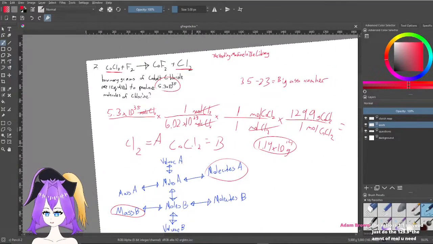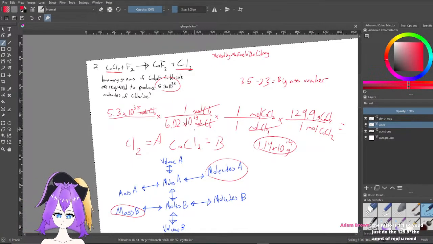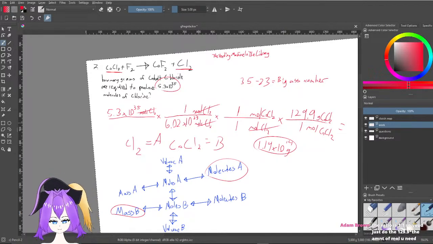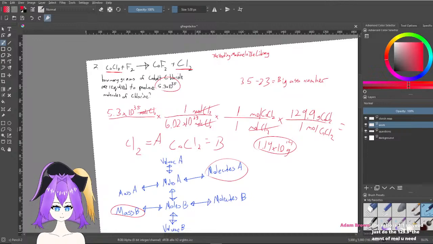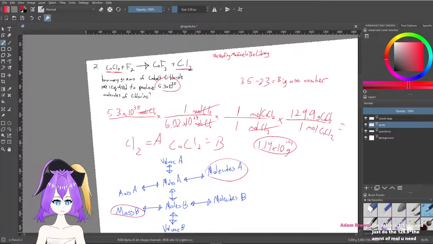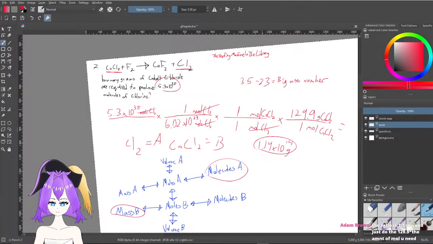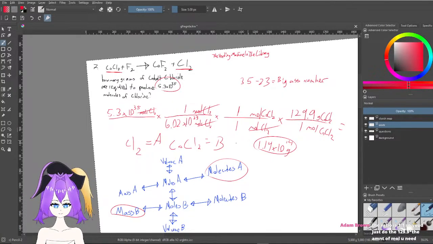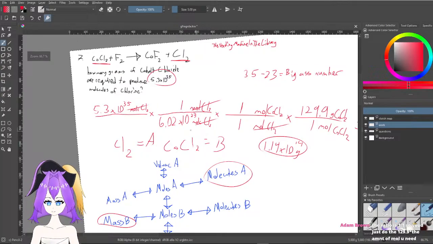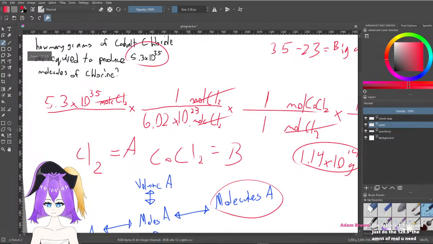Wait, I sort of generally understand how stoich works. I think I lined this up incorrectly. So the moles end up on the bottom. Wait.